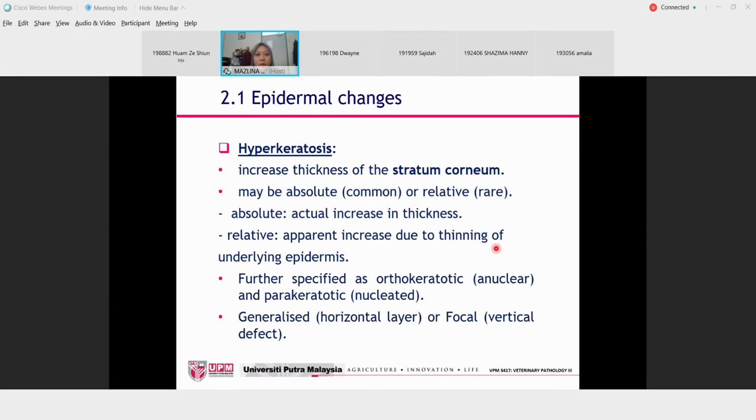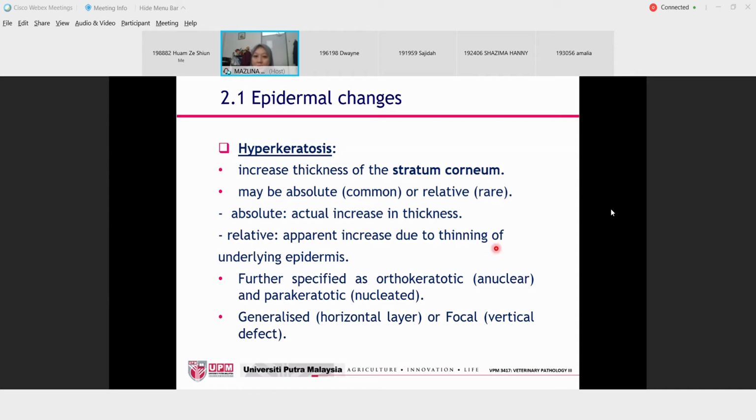First of all, you can see hyperkeratosis. Hyper means there is increase or more. Here keratosis means that there is increase in the thickness of the stratum corneum. This can be absolute, which is a very common finding, or it could be relative, which is rare.